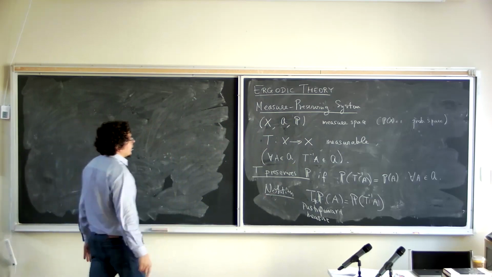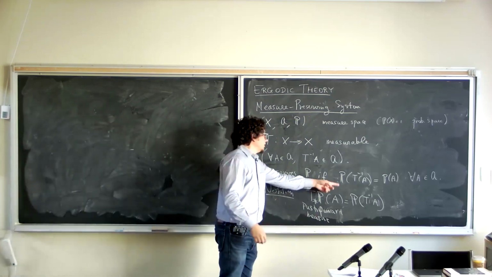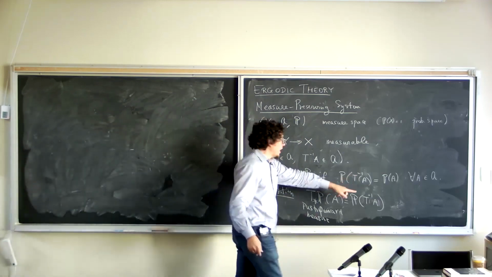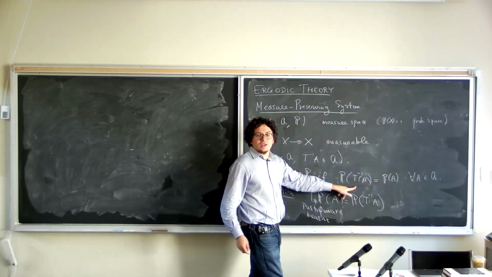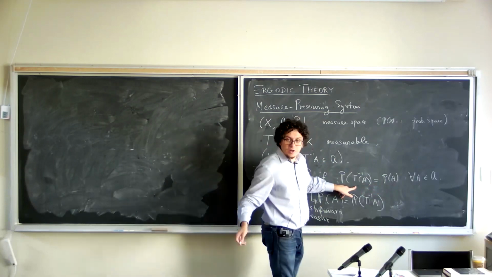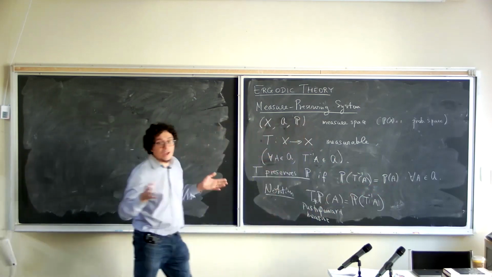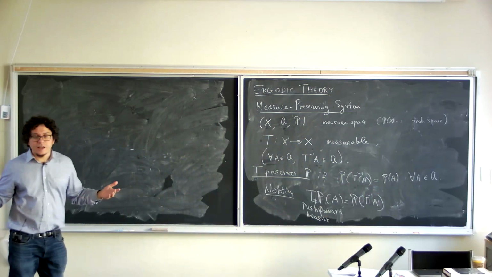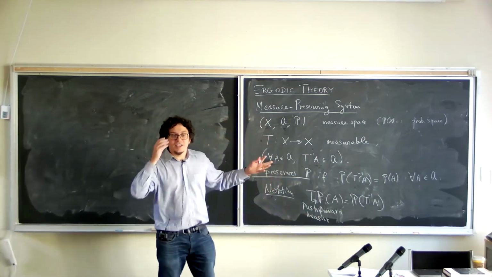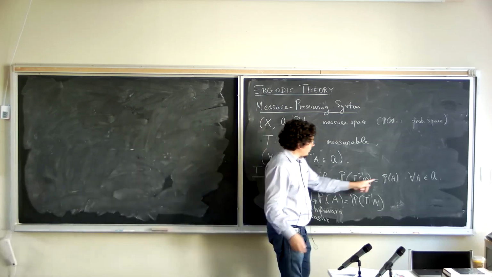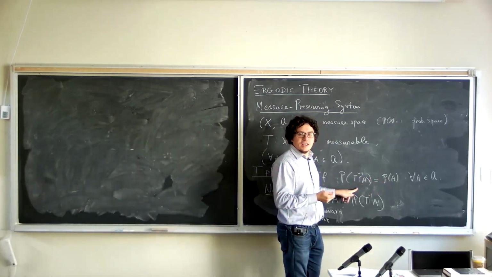We can ask what is the probability that something happens today versus what's the probability that something happens tomorrow. So a measure preserving system means that for every possible event, the probability that it rains today is the same as the probability that it rains tomorrow.